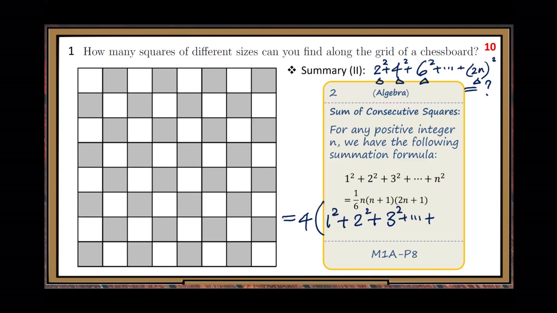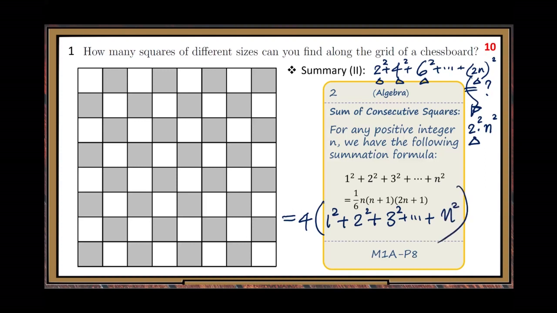The last term, 2n square, equals 2 square times n square, but we want to factor out that 2 square, 4, so only n square left.